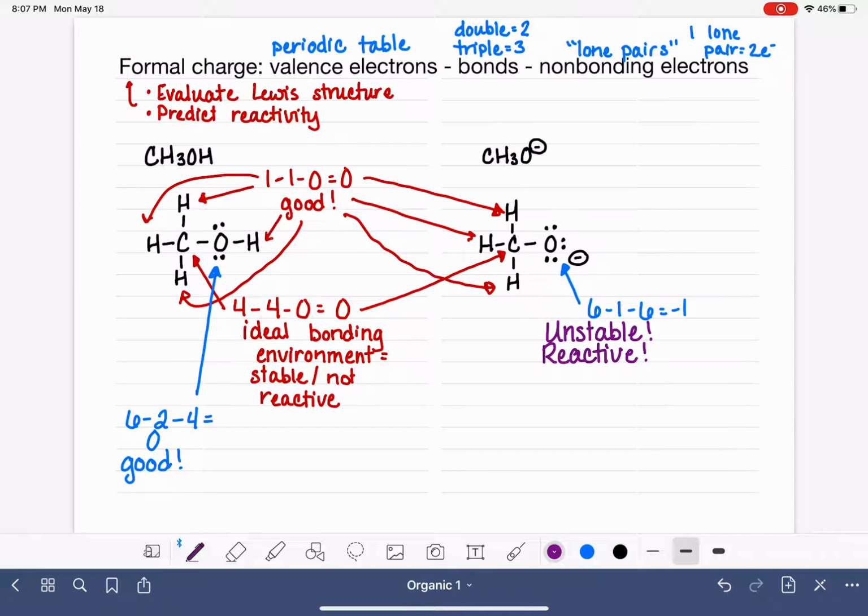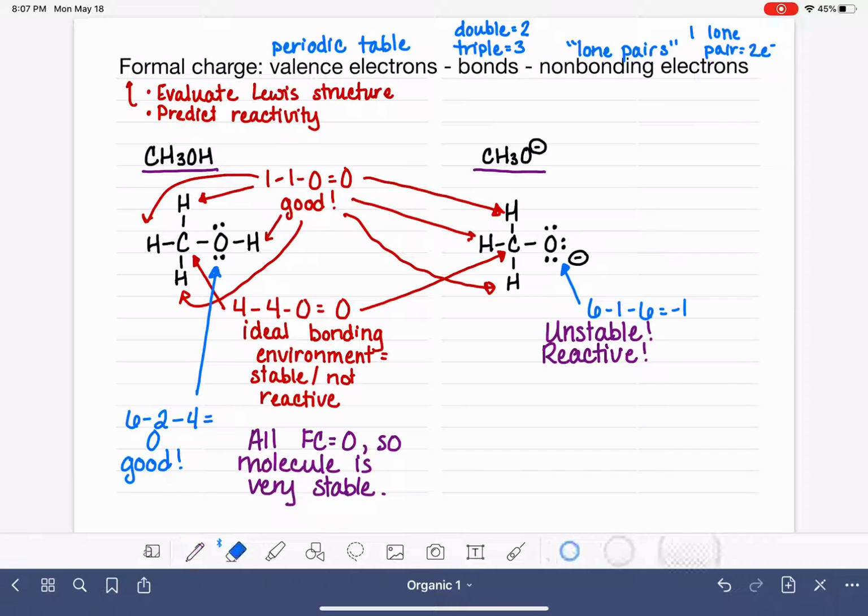So in the CH3OH molecule, where all of the atoms had a formal charge of 0, that tells us that this particular molecule as a whole is pretty stable. Does not do a lot of chemical reactions. But our other molecule, CH3O-, because the molecule has a negative formal charge, the molecule is unstable, it is reactive, it is motivated to try to do something to fix its formal charge.